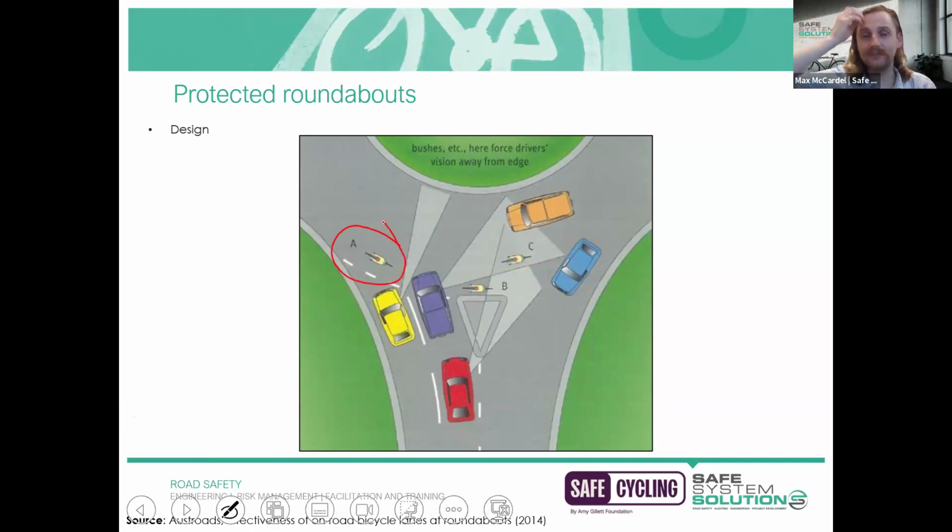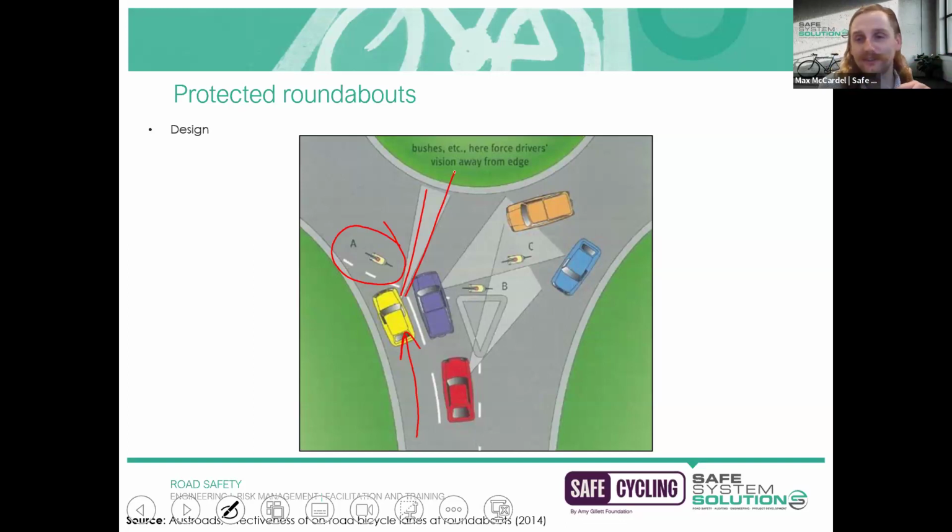The rider in position A, the reason that they would be at risk in this scenario is the yellow vehicle. I'm not sure if you'd call that the outside or the inside lane, but the curbside lane there. Their focus is to the right of them. You can actually see those triangles there. That's representative of where they're paying attention. They're not looking for anyone that's directly in front of them, which is exactly where A is.